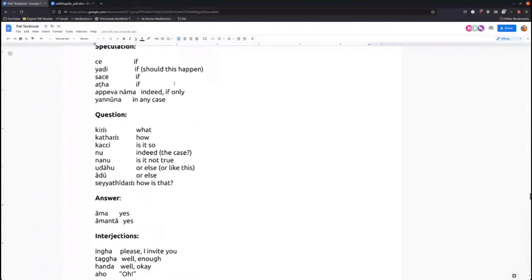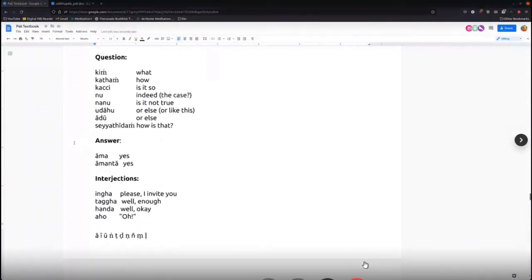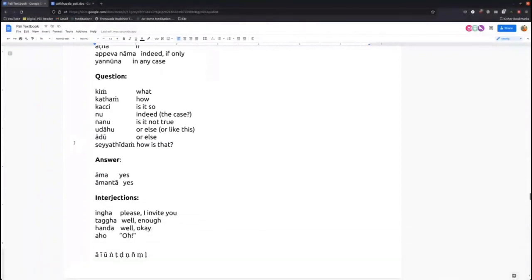So there's your example. What does that mean? We use alms food not for this, nor that, nor that, nor that. You can look up the reflections on eating.